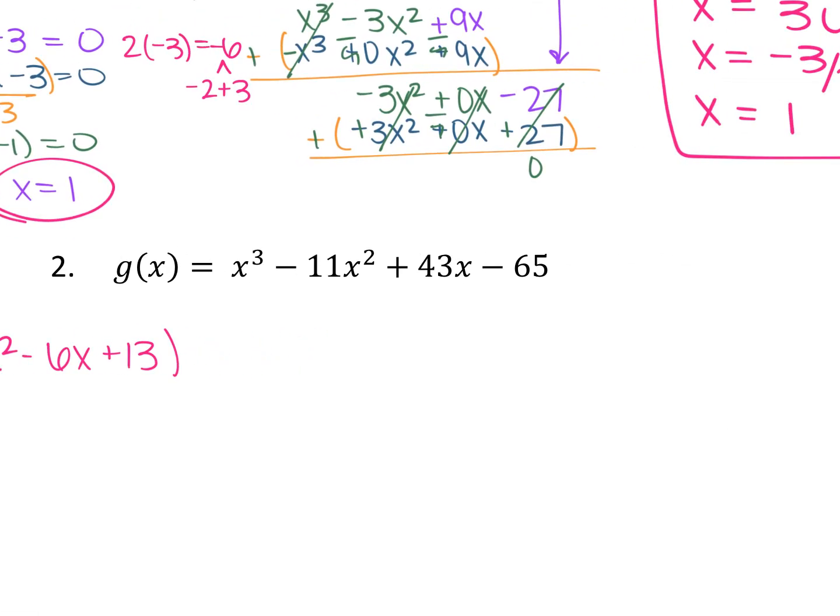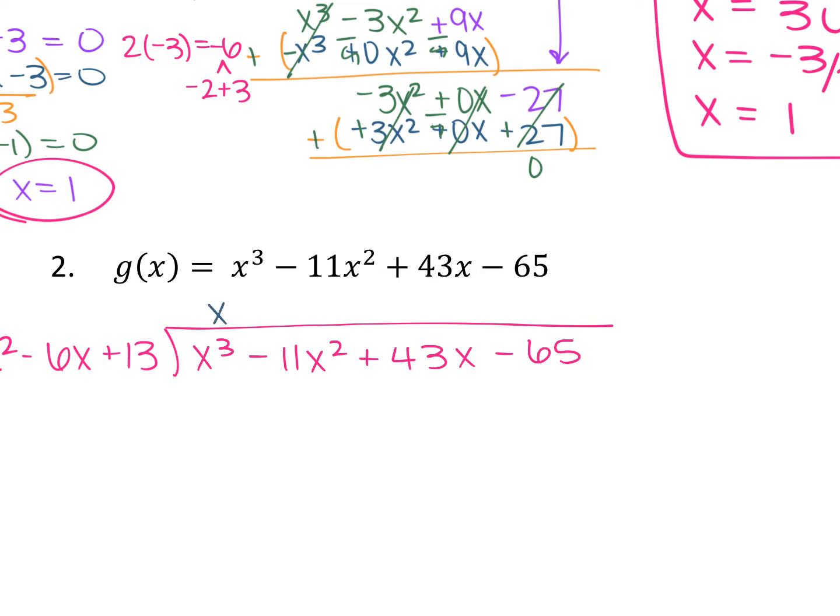On the inside, we're going to put that x cubed minus 11x squared plus 43x minus 65. We're going to use our long division. So x squared times x gives us x cubed. X times negative 6x is negative 6x squared. And x times 13 is 13x.